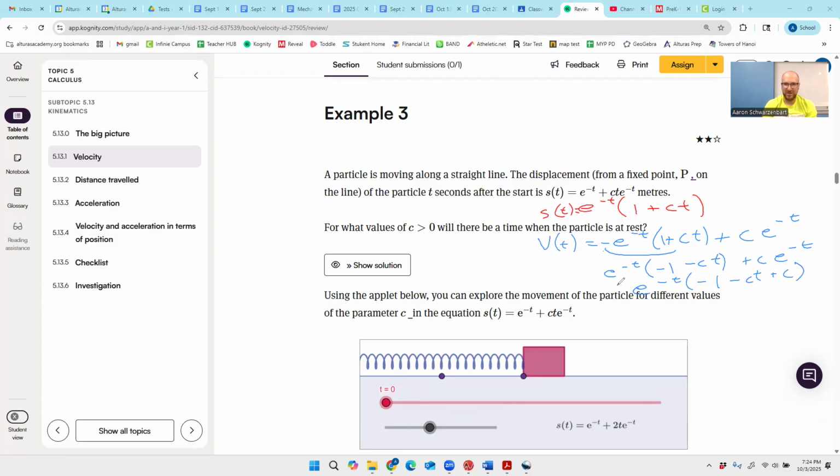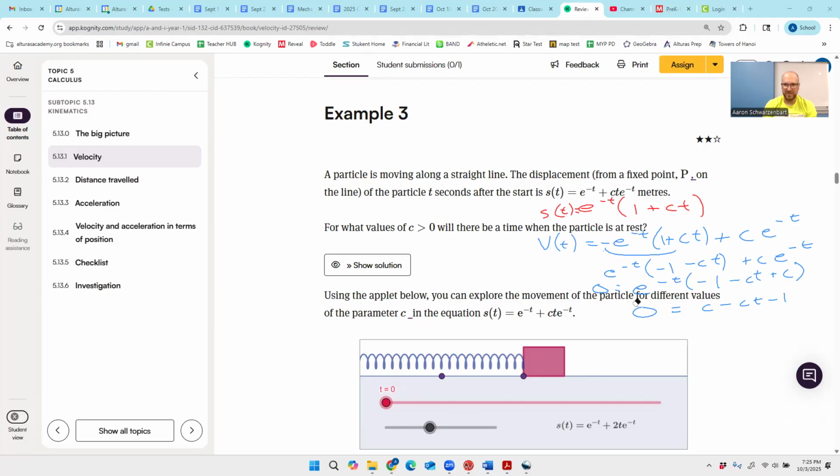And I'm trying to find when this equals zero. E to the negative t won't equal zero, but this set of parentheses will. So I need to solve it. It says, for what values will there be a time? Just any time.